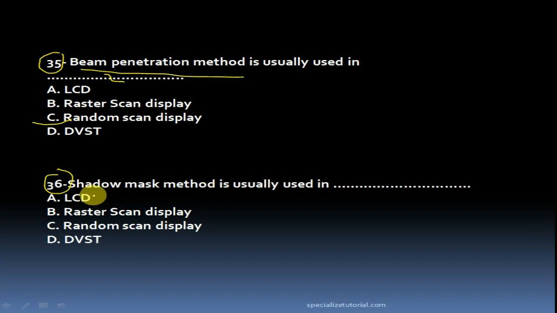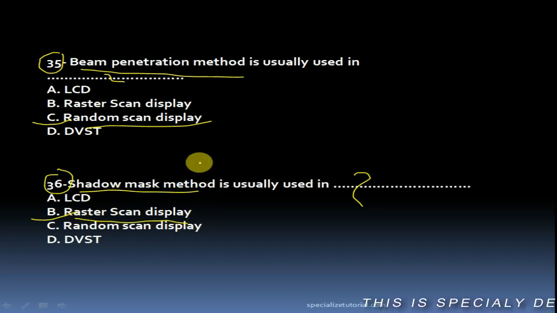Shadow mask method is usually used in LCD, raster scan display, random scan display, and DVST. So it is used in raster scan display. Okay, beam penetration method, random scan display, and shadow mask method, raster scan display. Very confusing questions, so questions like these will become tricky.